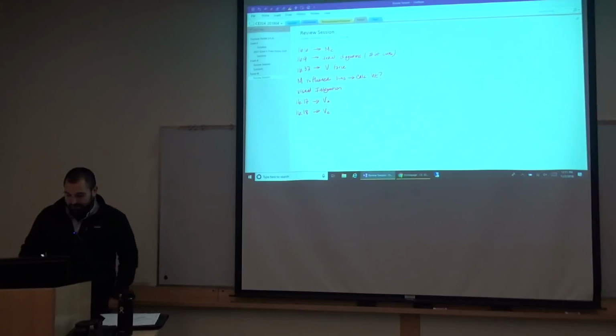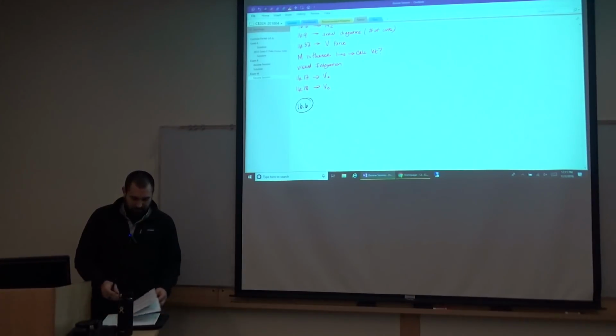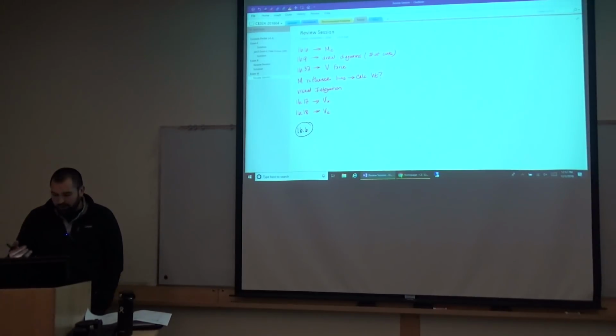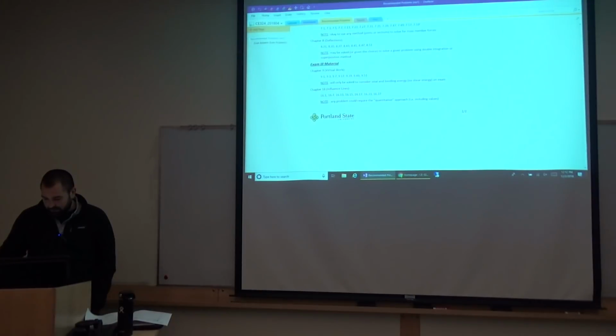So let's talk about 16.6 first. That's the first one that we had. Let me look up the diagram so we can talk about it. Okay, so 16.6 isn't on the list of recommended problems.